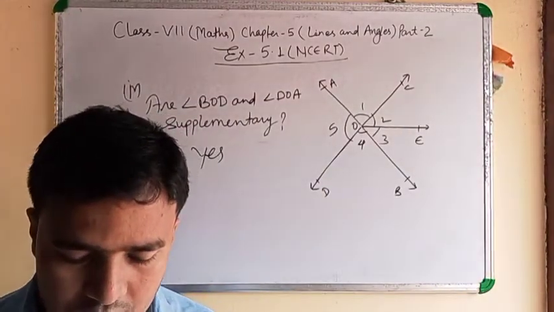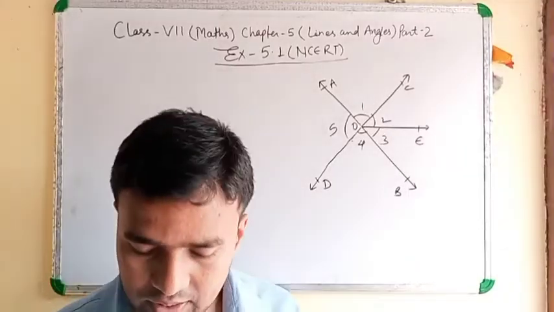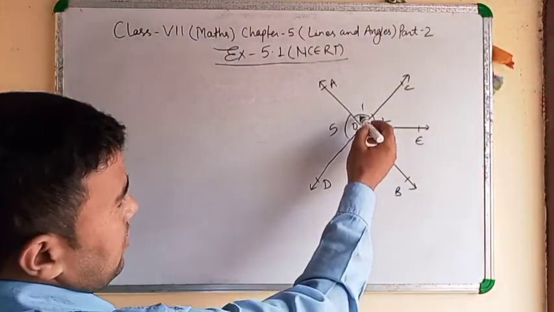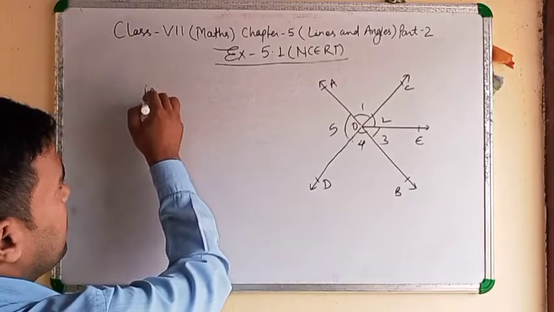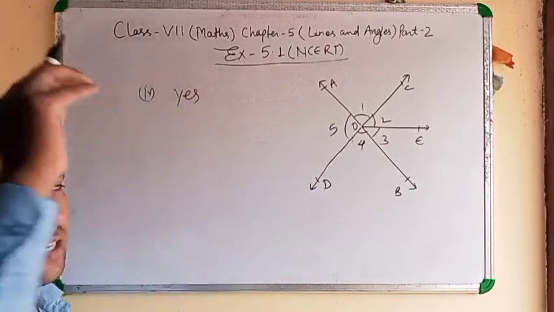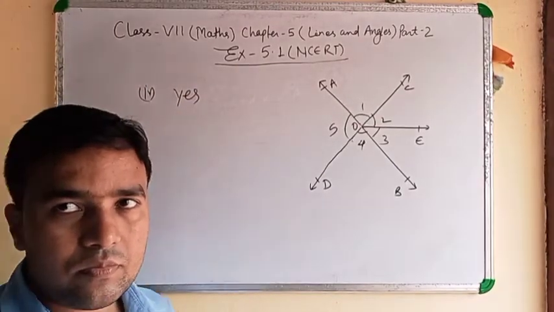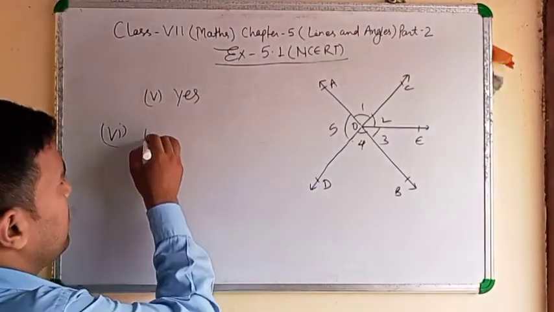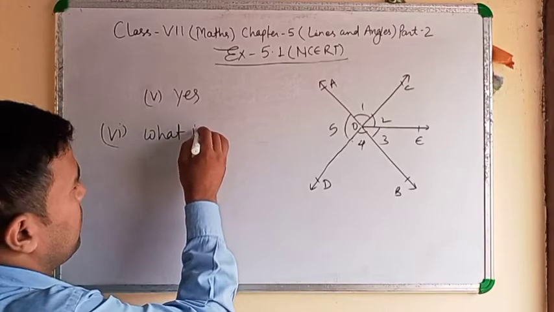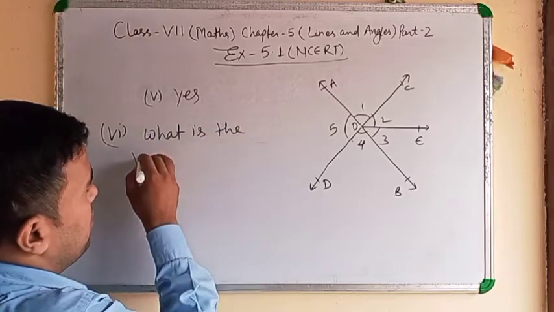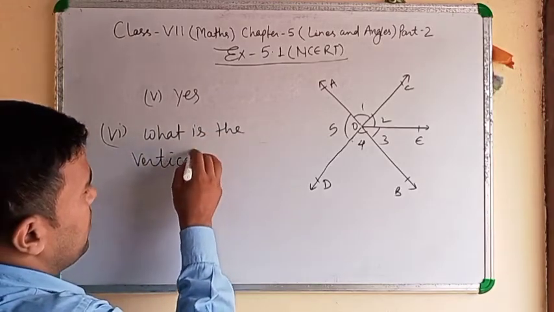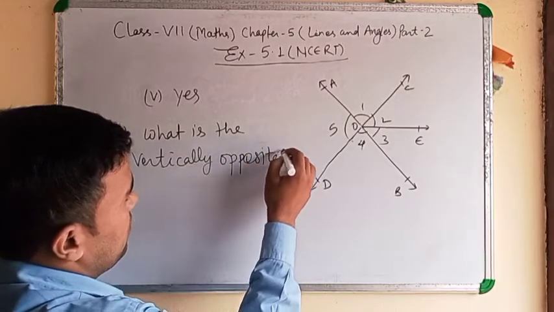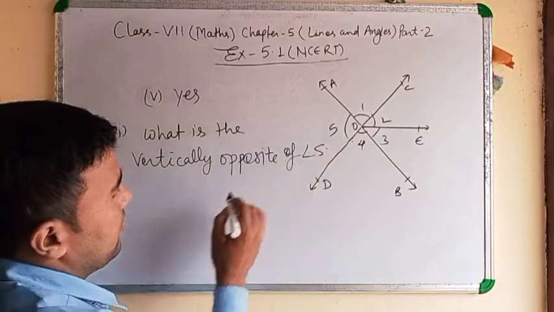Clear? Fifth one: is angle 1 vertically opposite to angle 4? See, vertically opposite, it is also yes. Clear? Last one: what is the vertically opposite of angle 5?